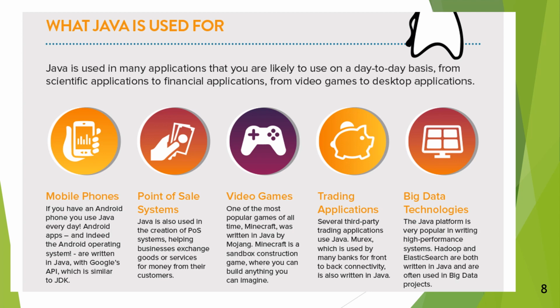The second application is point of sale systems, where Java is used in the creation of POS systems, which help in business exchange. The other application is video games. And next, several third-party trading applications use Java. And now the latest technologies like big data also use Java.